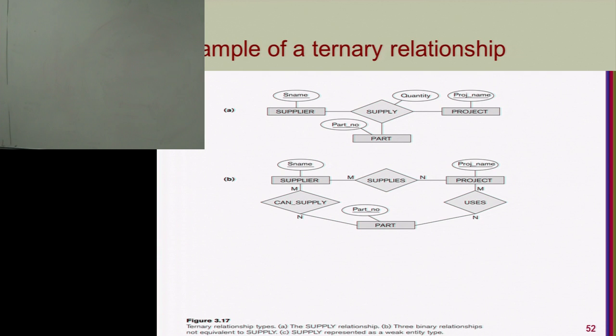Next chapter we will discuss why we need it to look like a diamond. This will make it easier when we convert this conceptual diagram into a logical model, into tables and a relational database. It will be easier if we see it like a diamond.